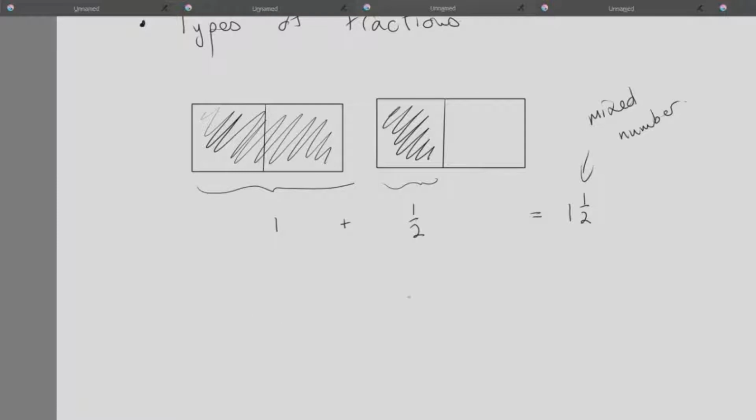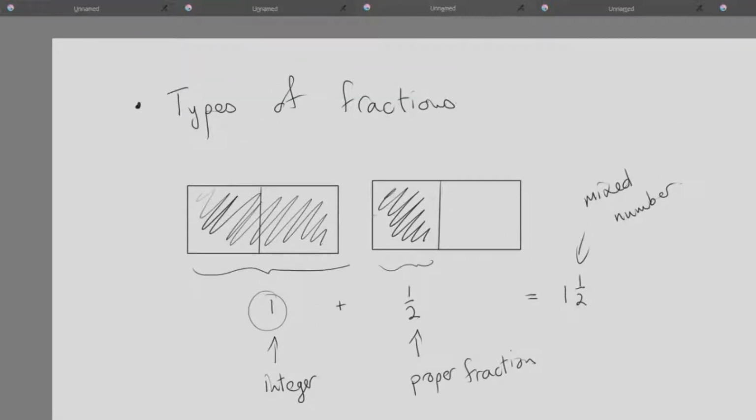If I just had, so just this on its own is an integer, and just this on its own is what we call a proper fraction, an actual smaller part between 0 and 1 whole loaf of bread.